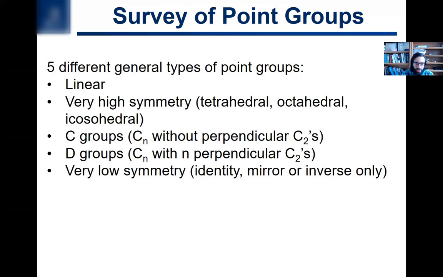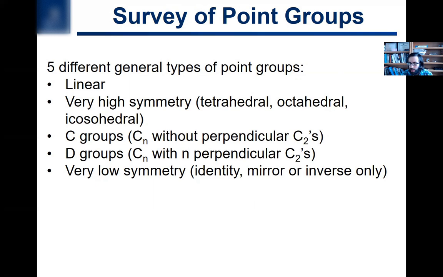Then there are the C groups. These are molecules that have rotations, but they don't have any perpendicular C2s to that rotation. And then there are the D groups. The D groups have rotations, and they also have perpendicular C2s.